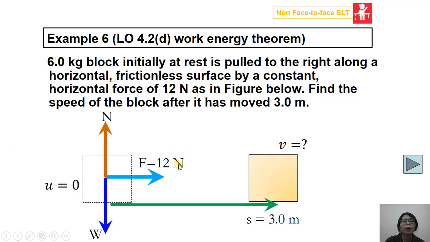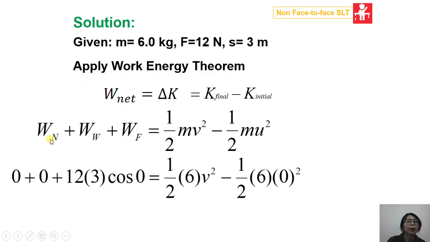So there will be only work done by the force of 12 Newton. Referring to the figure, the direction of the 12 Newton force and the direction of displacement are both rightward, so the angle between the force F and displacement S is 0. So the work done by the normal force is 0, and the work done by the weight is 0.